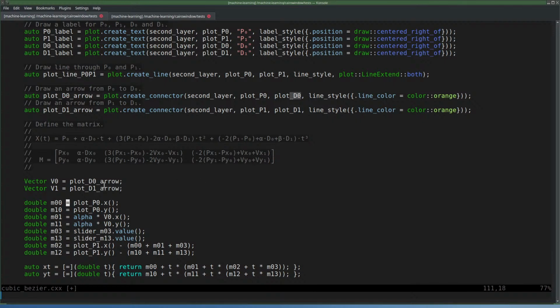And then, no, this is row 0. The first column here is a row, and the second is the column. So M00, M01, M02, and so on. M00 would be that one. M10 is that one. M01 is this one.